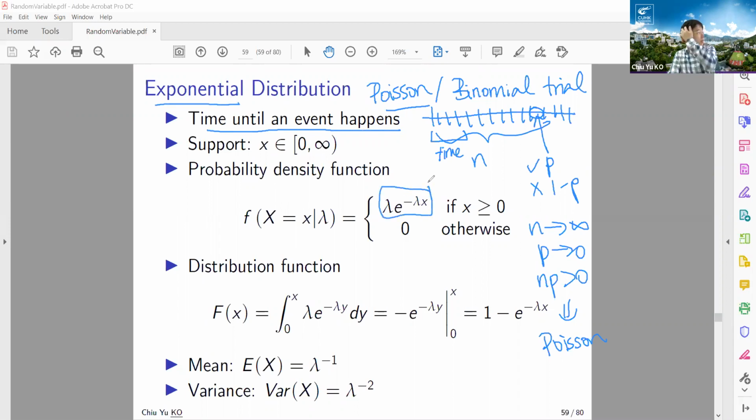We are not going to explain why we get this, because it's out of our level. If you want, then you probably need to study intermediate probability theory. So we just tell you this is related to this one. To formally show this is the time is not our main concern.